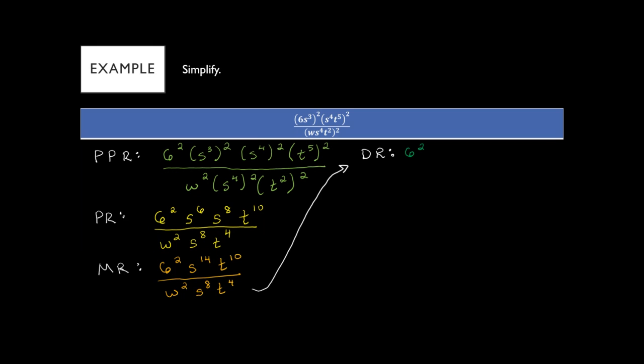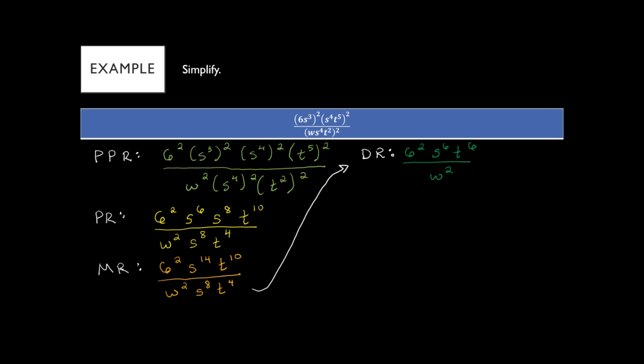So 6 squared is staying there. Then on the s's, we have 14 minus 8, so that brings us to 6, s to the 6th. Then t, we have 10 minus 4, which is 6. And then we still have our w squared in the denominator because that hasn't changed.